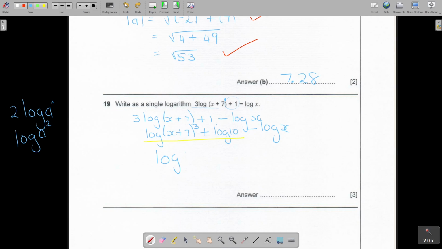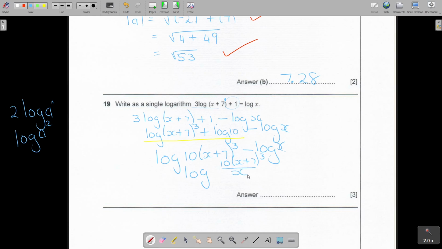It's going to be 10 times (x plus 7) cubed. It means you're going to multiply. Plus goes to multiply. Subtraction goes to the quotient law, that goes to division. So then it's one log word. Remember there was 2, but then it's 1. Quotient, one log word, and then it's going to be 10 times (x plus 7) to the power 3, over x.